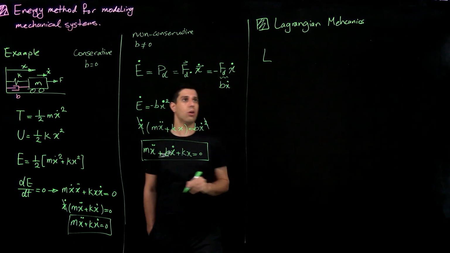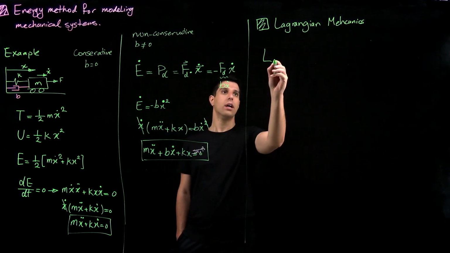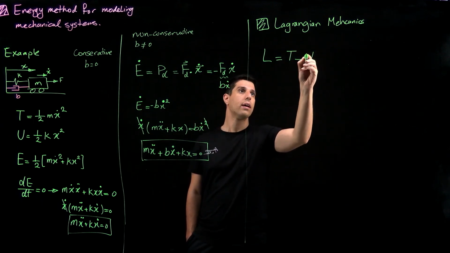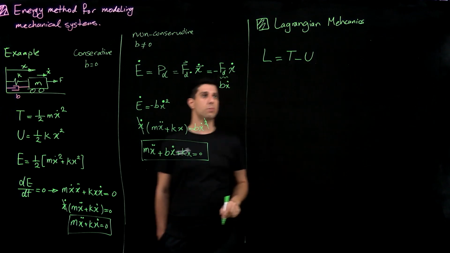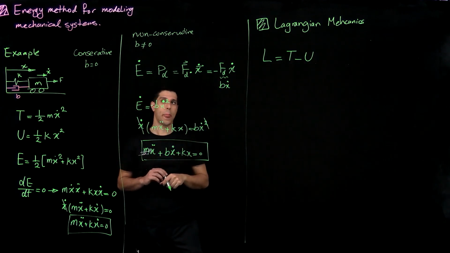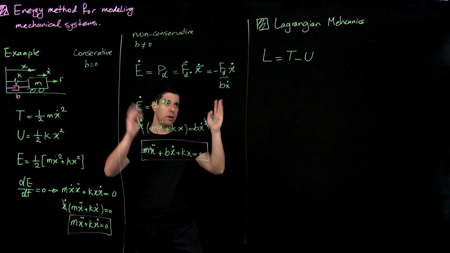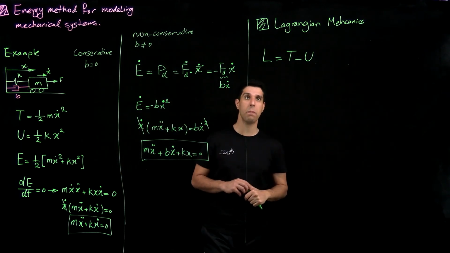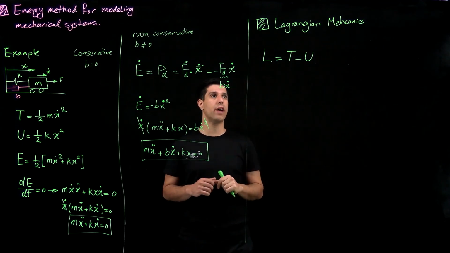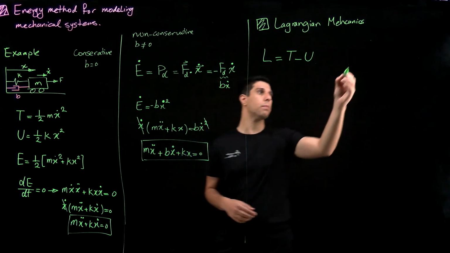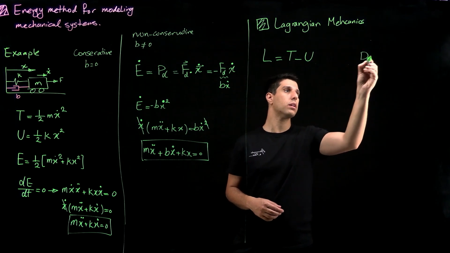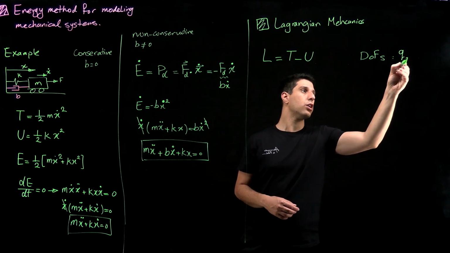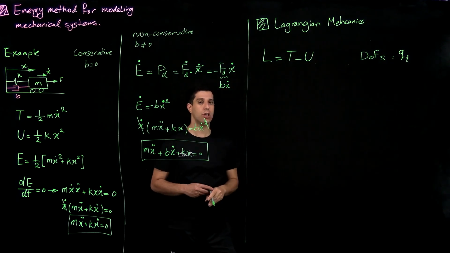There is a thing we call Lagrangian, L, that is equal to T minus U, kinetic energy minus potential energy of the entire system. And imagine you have a bunch of degrees of freedom. Your system has a lot of degrees of freedom. Each of those individual variables that describe the system, if you call them DOF, we show them by variables q.